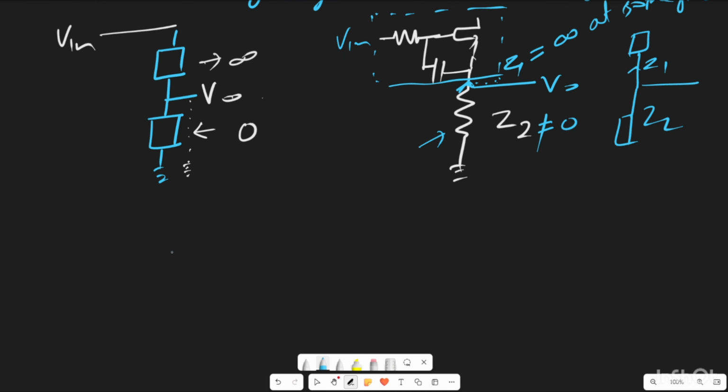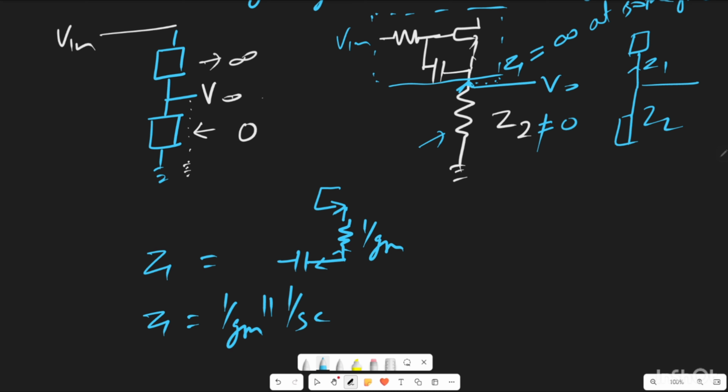So now what is Z1 here? Z1 is simply this capacitor and this source of MOS. Source of MOS means from here what is the impedance? 1 by Gm. So 1 by Gm is in parallel, these are two branches in parallel, with 1 by Sc. So Z1 will be simply 1 by Gm parallel with 1 by Sc, which will be equal to 1 by (Gm plus Sc).